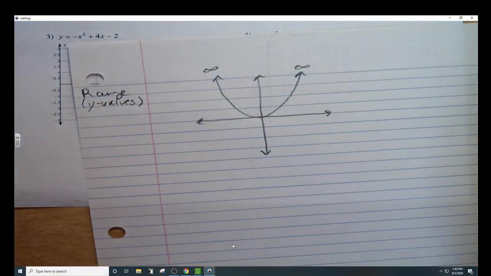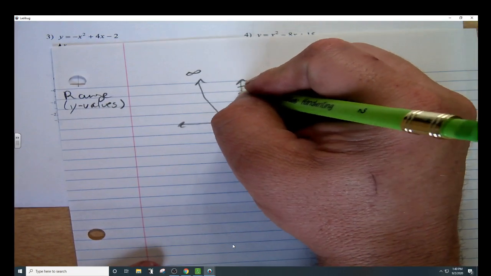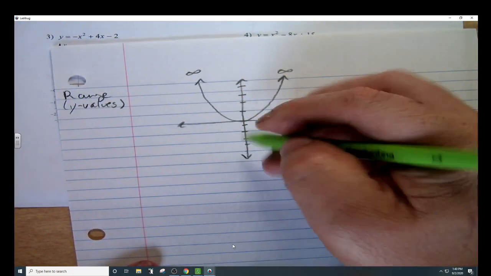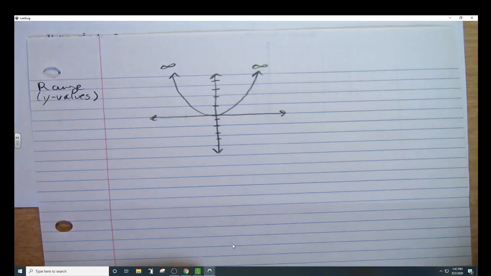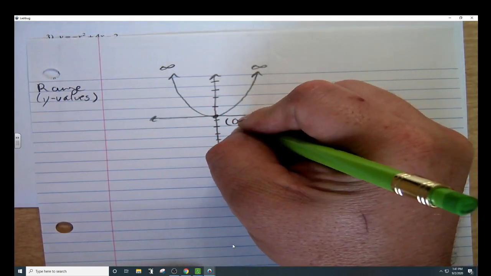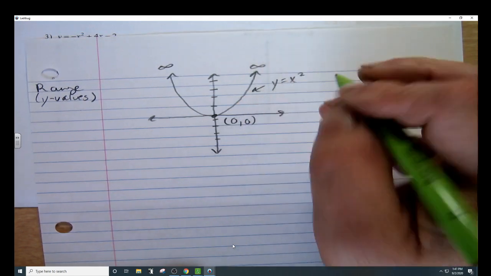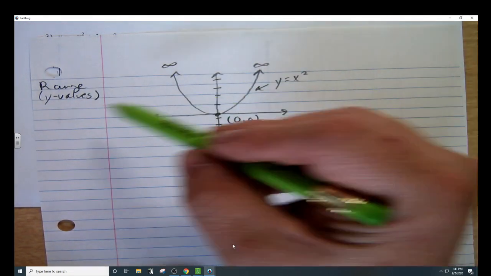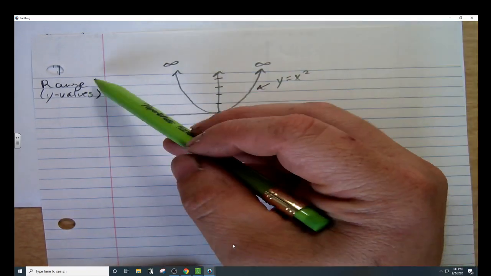The y values are on the y-axis, which is north to south, right? Remember this is the parent function y equals x squared, and your vertex is (0, 0). If we're talking about the y values, all you care about is this number right here. That's all you care about as far as the range goes.